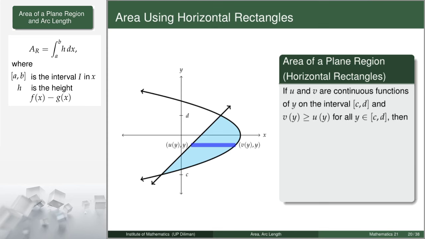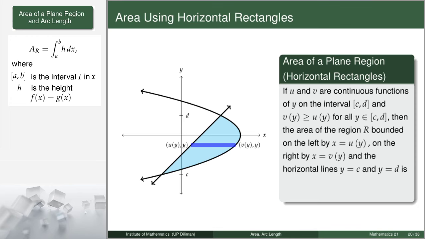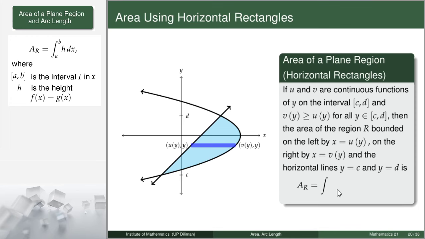In case v of y is greater than u of y, it means that the curve x equal to v of y is on the right of the curve x equal to u of y. Then that means you can compute the area bounded by the function x equal to u of y on the left, and x equal to v of y on the right, to be given by the integral of v of y minus u of y dy from c to d.